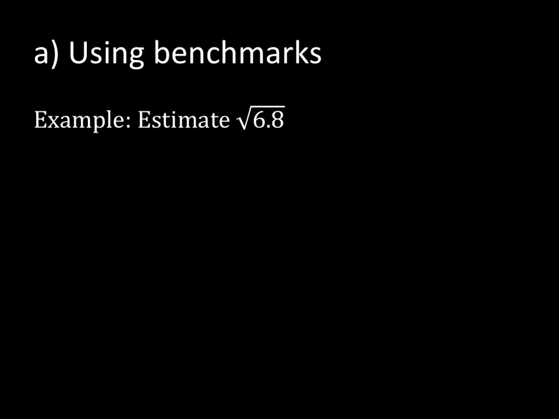Let's look at how to calculate the square root of 6.8 without a calculator using benchmarks. Benchmarks are a quantity of known comparison. What I want to do is use the nearest perfect squares.